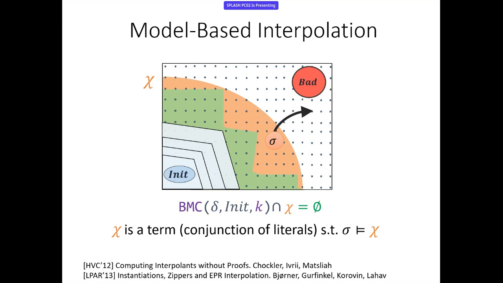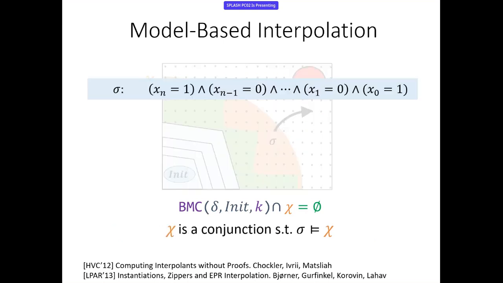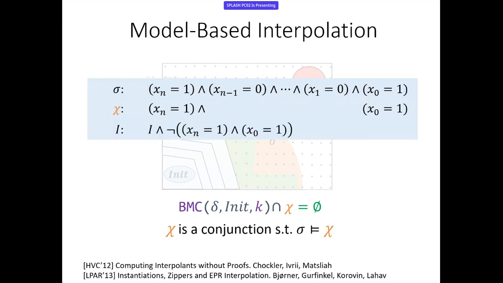So we start from the conjunction that captures exactly the counterexample and then drop some of the literals to capture additional states. So for example, if the counterexample is 1, 0, 0, 0, 1, then we may take as the set, or the interpolant, this smaller conjunction, which is satisfied by more states, and then exclude that set from the candidate as long as this would not exclude any states reachable in k steps.